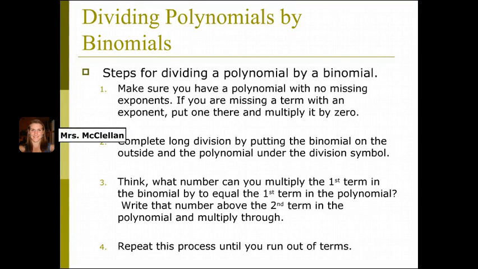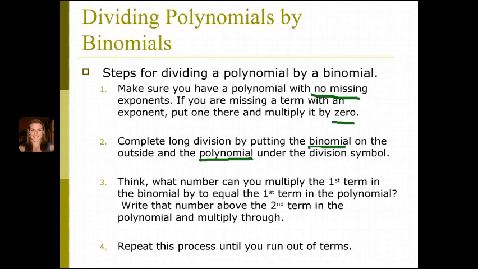Okay, so now we need to talk about the steps for dividing a polynomial by a binomial. The first thing you need to do is make sure that you have a polynomial that has no missing exponents. If you're missing a term with an exponent, you need to put one there and multiply it by 0. Second step, we need to complete long division by putting the binomial on the outside of the division bar, and the polynomial goes under the division symbol.